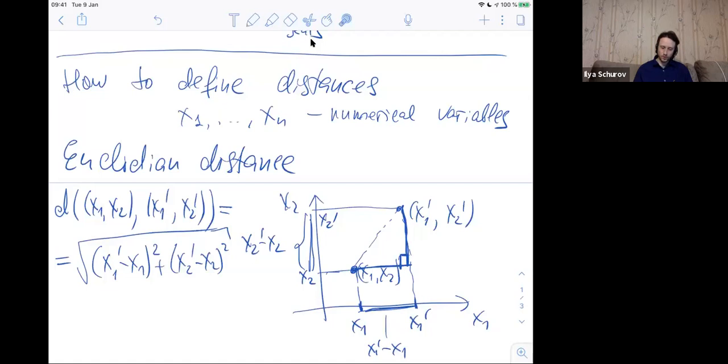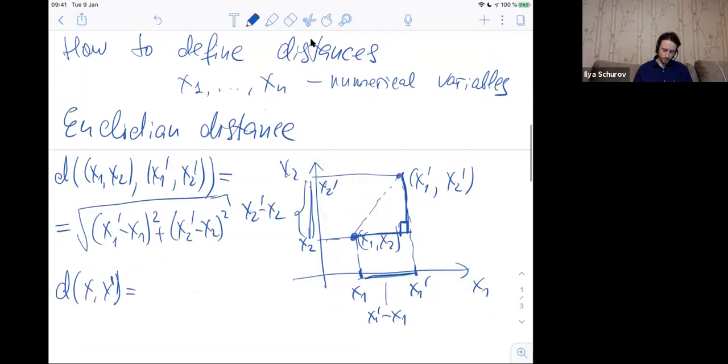I wrote this formula for the two-dimensional case, when you have just two variables for your data, but a similar formula can be written in the general case: x1 prime minus x1 squared, ..., xn prime minus xn, xd.